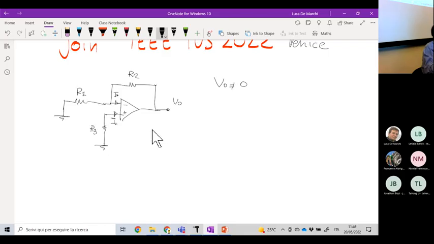are null. To compute the actual value of the output, we can apply the superposition principle, since all these effects are linear, which means that I can compute the output as a function of I minus when I plus is equal to 0, plus the effect of I plus when I minus is equal to 0.